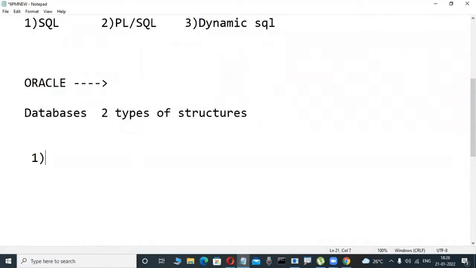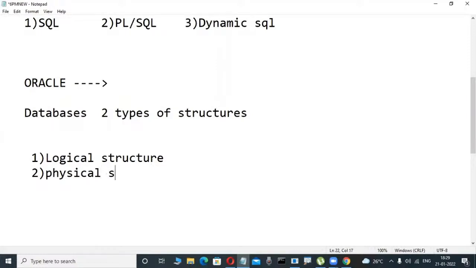One is logical structure. Database means it is a place where we can store structure. Another one is physical structure.